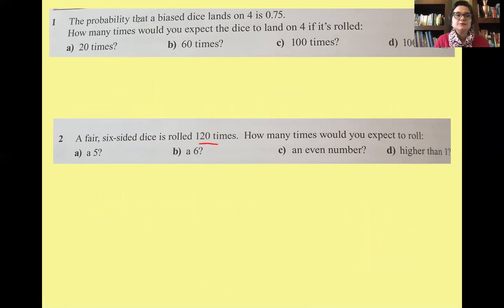And it says the probability that the biased dice lands on 4 is 0.475. Do you have this one, the probability of having a 5? So have a think. You need to find first the probability of having a number, and then multiply by the total, and so on. So just follow exactly the same strategies.